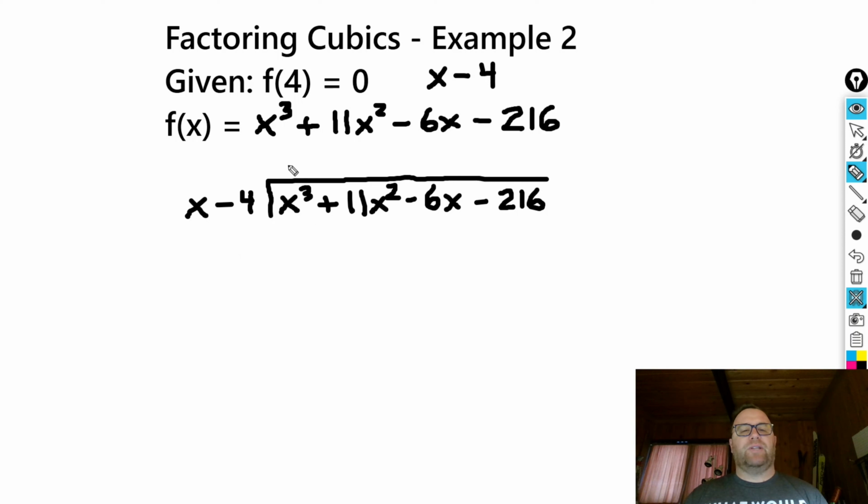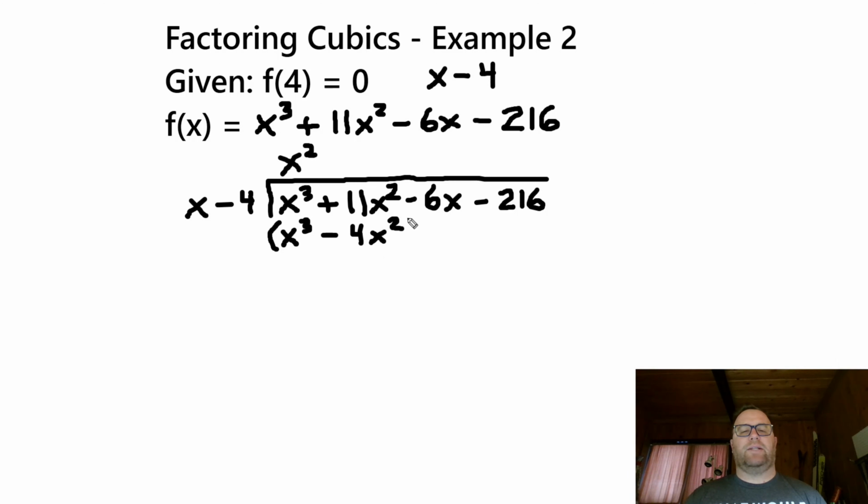Okay, so x goes into x cubed, x squared times. X squared times x is x cubed. X squared times negative 4 is a minus 4x squared. Okay, so we're going to subtract this part off.